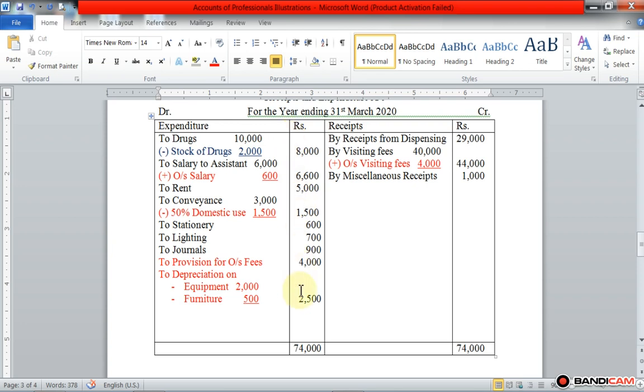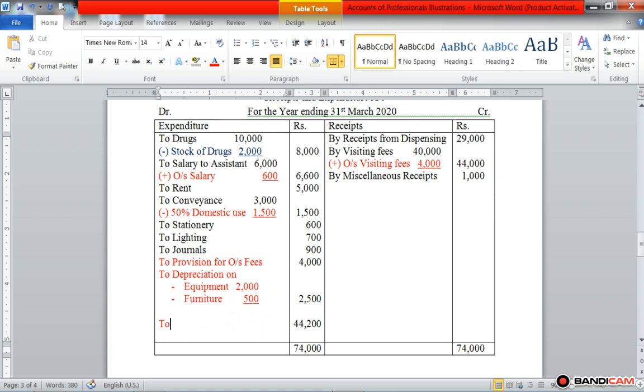Here we get the difference, and the difference is rupees 44,200.